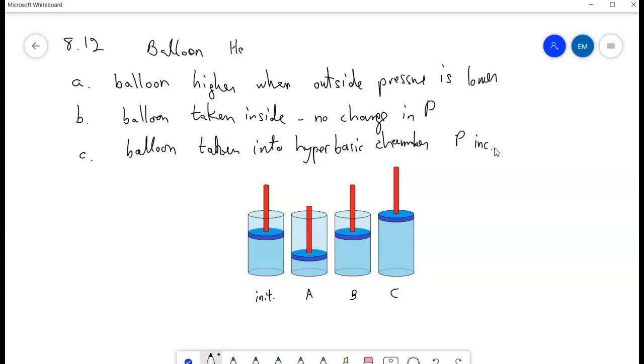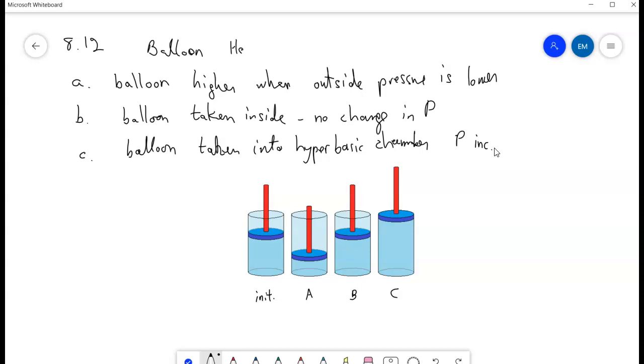All right, so we need to decide which of these situations correlates with each of the A, B, and C. The balloon floats to a higher altitude where the outside pressure is lower.